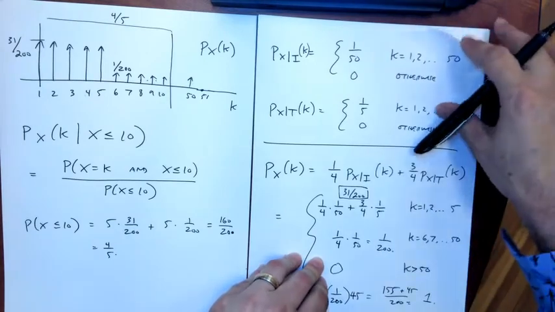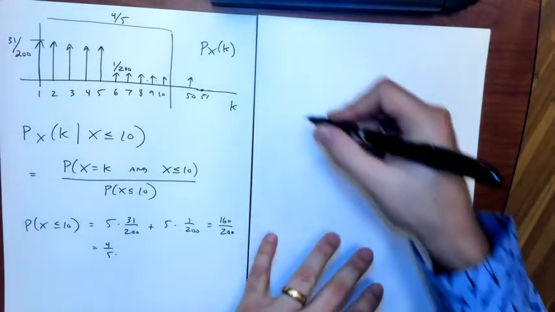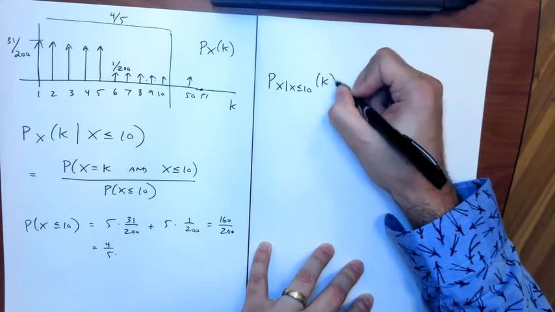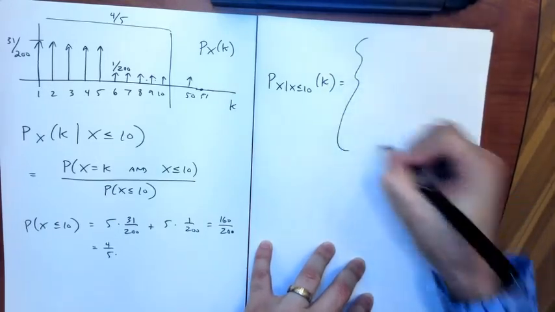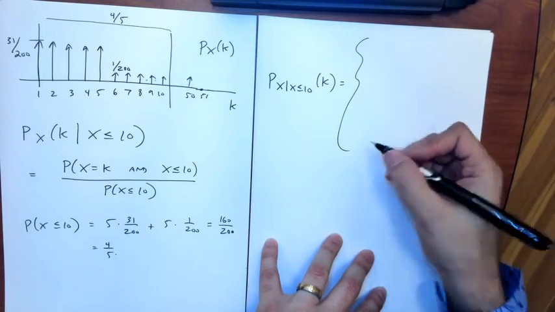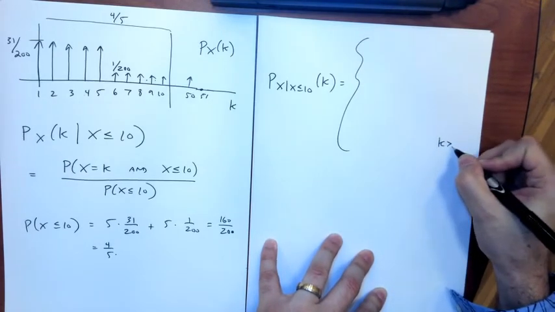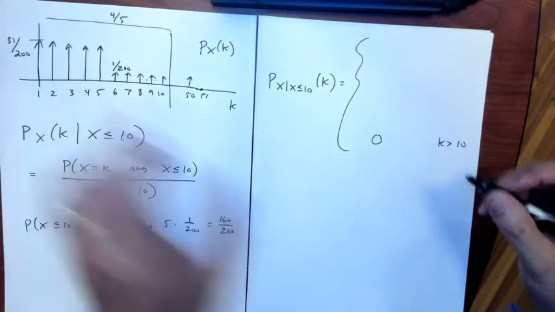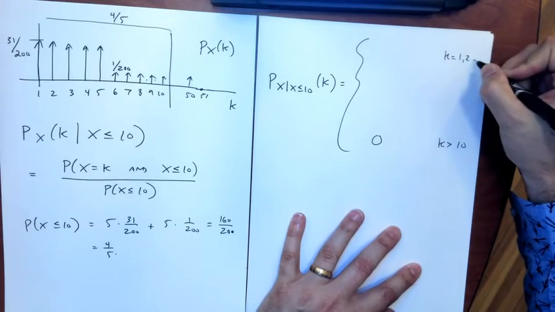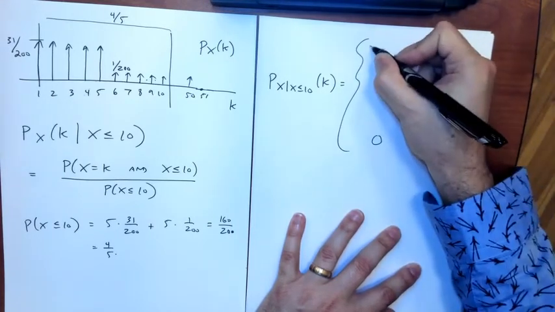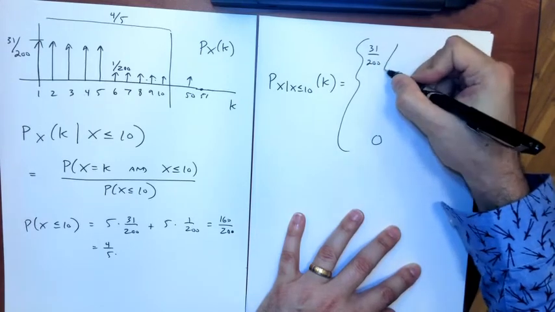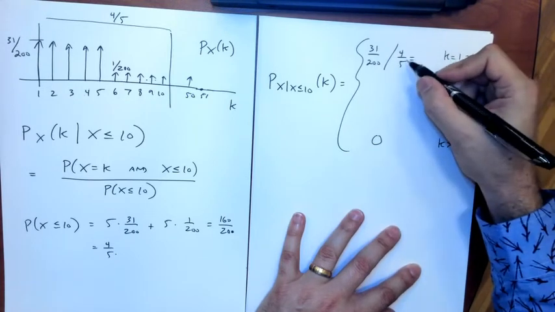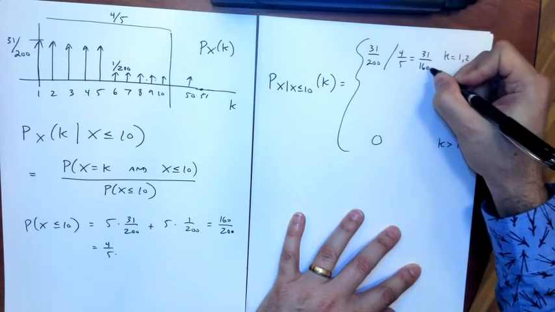So that means the PMF, given that I'm in the less than or equal to 10 category: certainly for any value greater than 10, I have 0 probability. For these first 5 sticks, k equals 1, 2, 3, 4, 5, I have 31 over 200, the original value, divided by 4/5, which is 31 over 160.